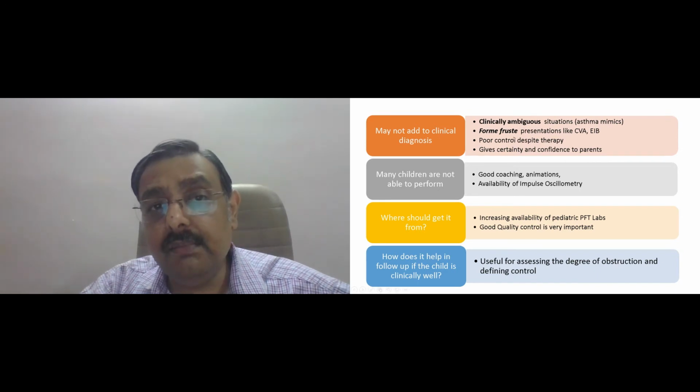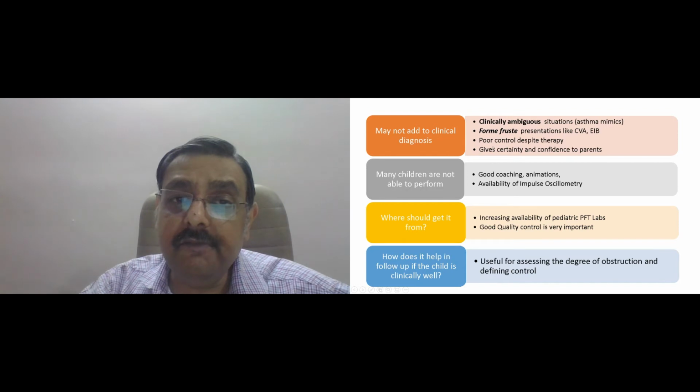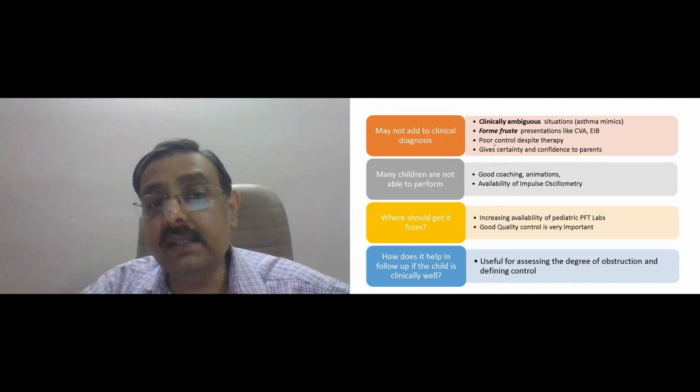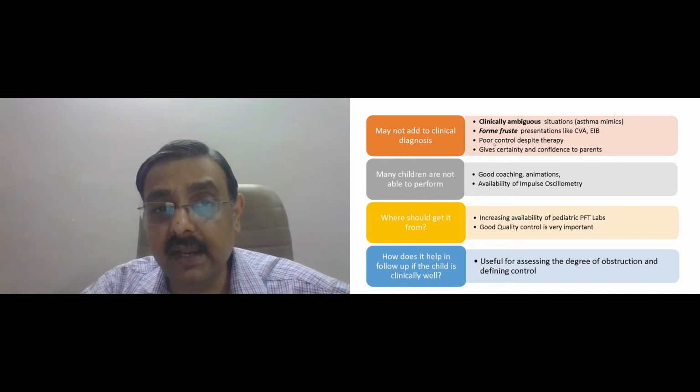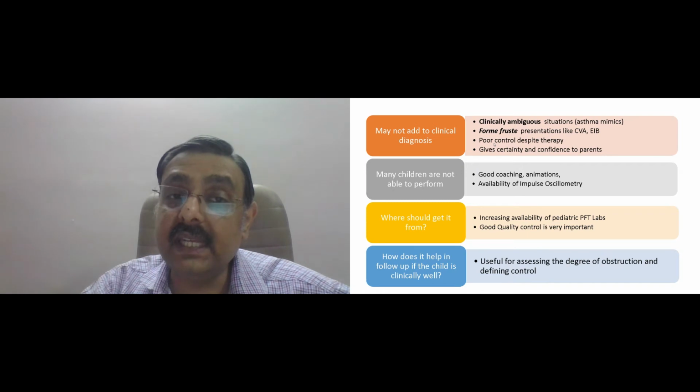There would be partial presentations of asthma like cough variant asthma or exercise induced asthma where you need a lung function. There would be definite patients who are having poor control despite therapy, and in such situations lung function is mandatory. And there's a large group of patients and parents who want a diagnosis with certainty, and doing a lung function in such situations actually sorts out these patients.